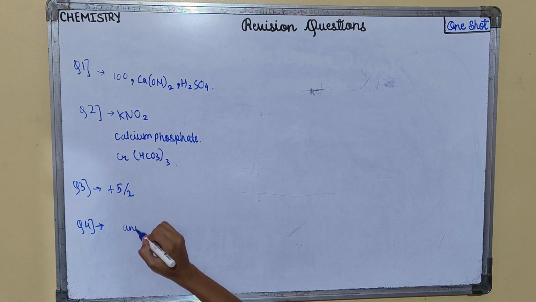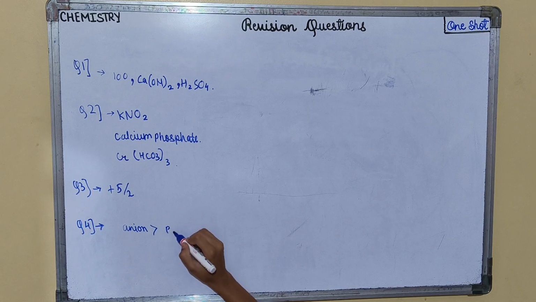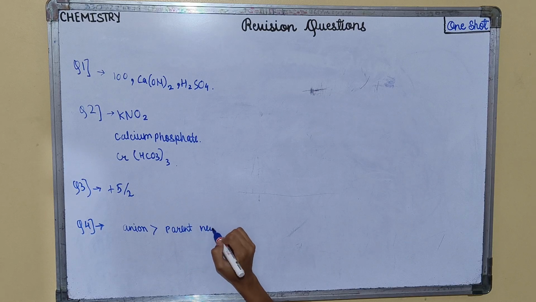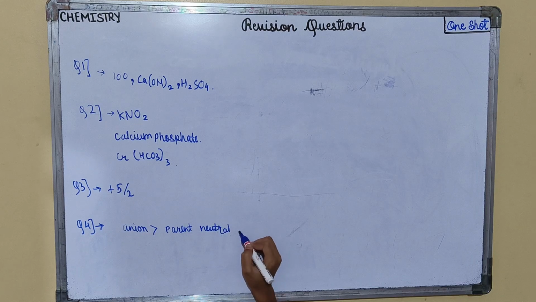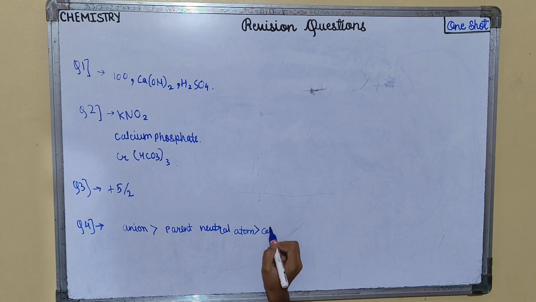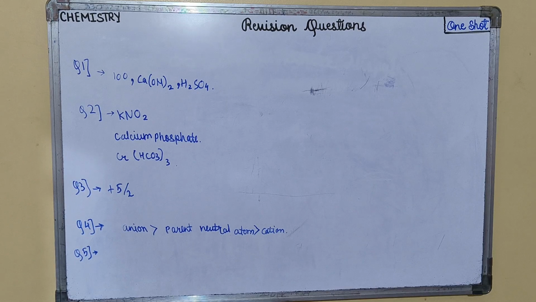So answer is anion is greater than parent neutral atom and parent neutral atom is greater than cation. This we have learned in our chapter.